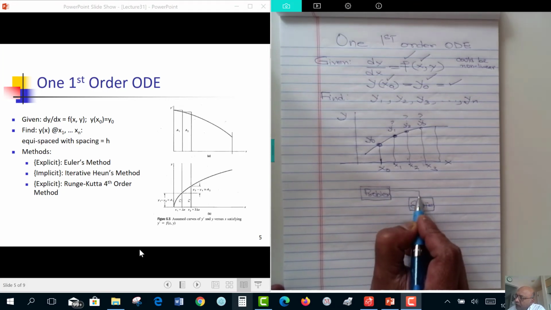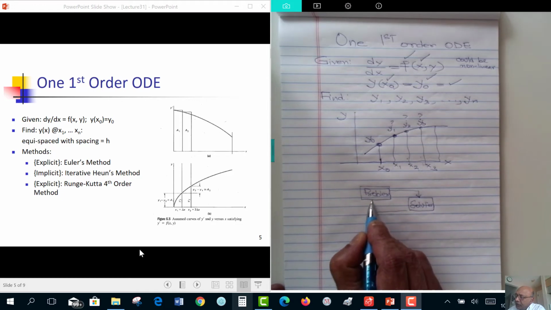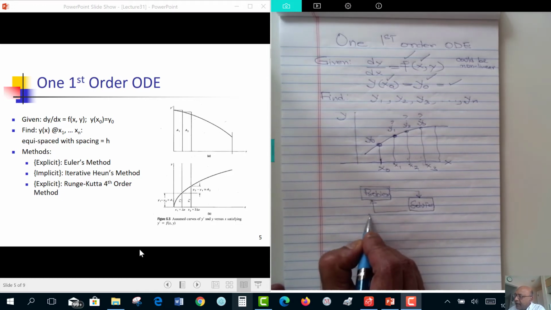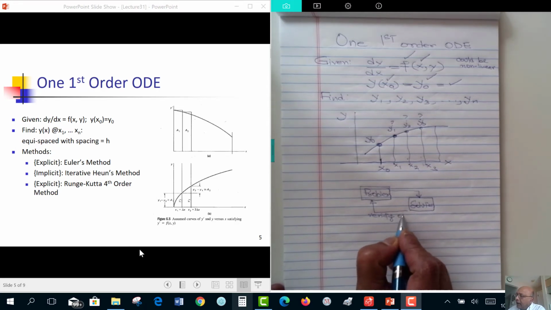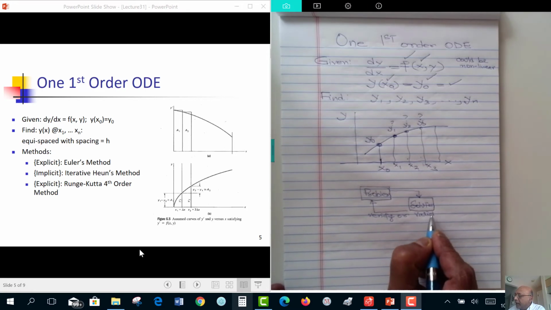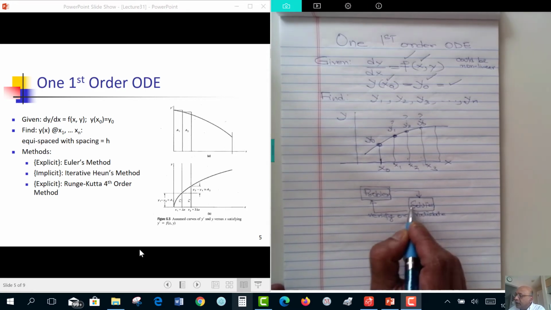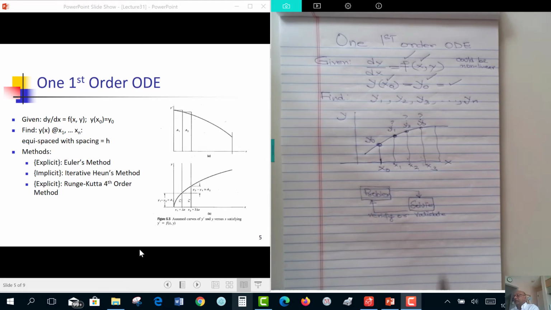In DiffyQ, you would have learned analytical techniques; here you are learning numerical techniques. So what you need to do is verify or validate that a given function is indeed a solution to your particular problem, and you can do that by substituting the unknown into your problem and seeing if it satisfies the problem.